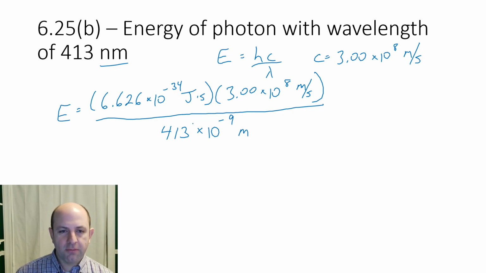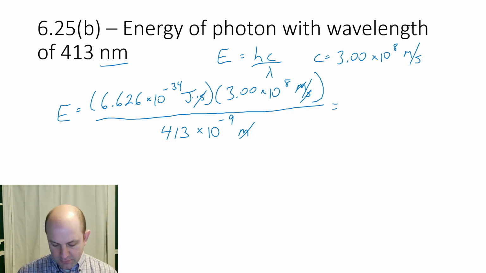I encourage you to remember that nano, we don't use it very often outside of light, but here in chapter 6, if you can remember that nano means 10 to the negative 9th, you will save yourself a lot of time and effort. All right, now we've got everything set in. Meters will cancel, the seconds cancel, we're left with joules again. That's what we want. Now we just need to plug it in.